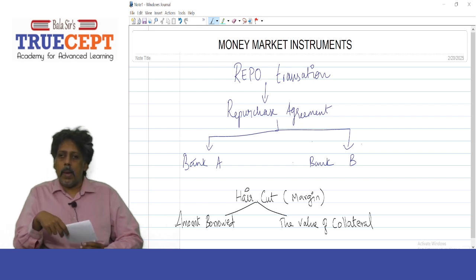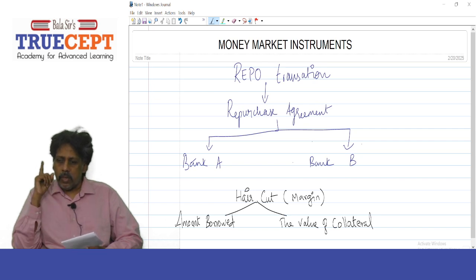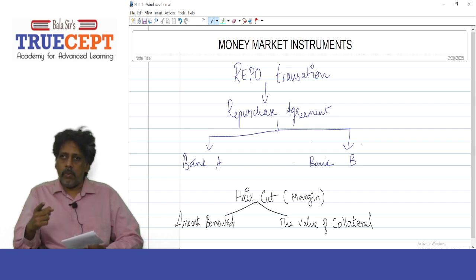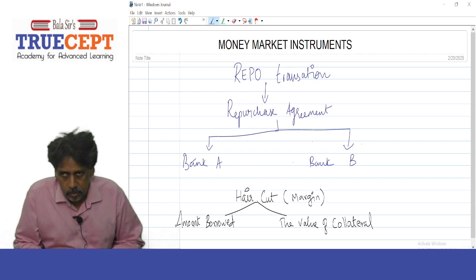What can they do? They can enter into something called a repo trade or repo transaction with banker B.